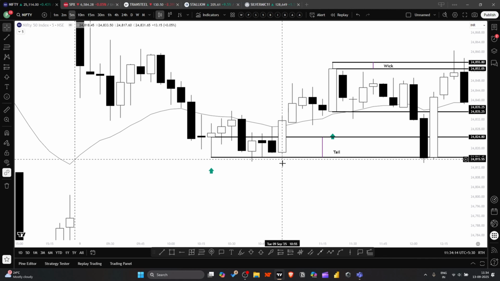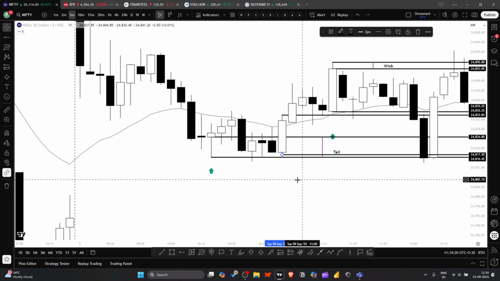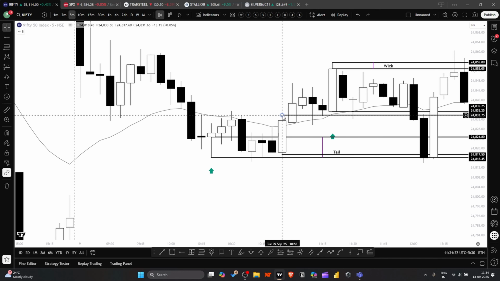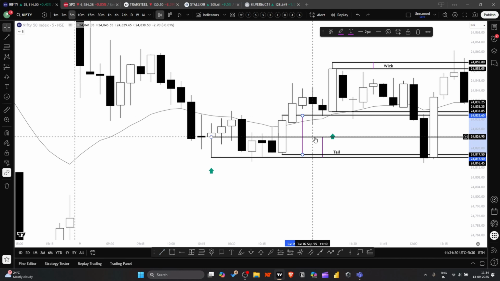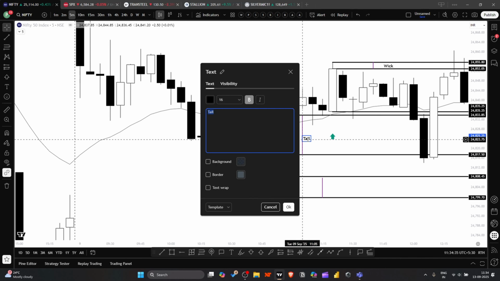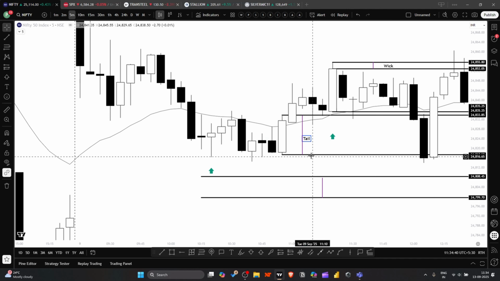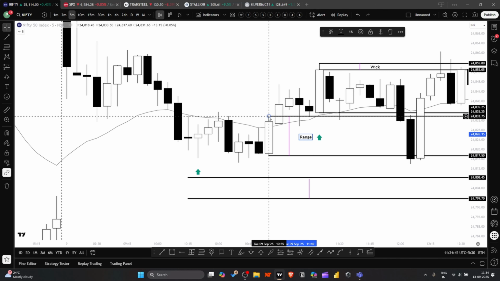There are two more terms, the range of the candle and the body of the candle. The range of the candle is the distance from high to low. So this is the highest price the market experienced during those 5 minutes and the lowest price.